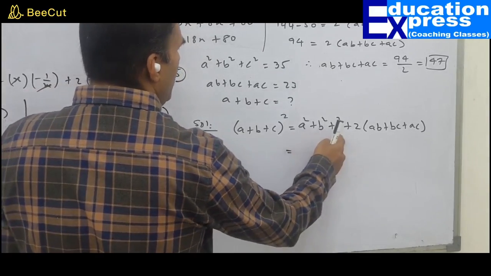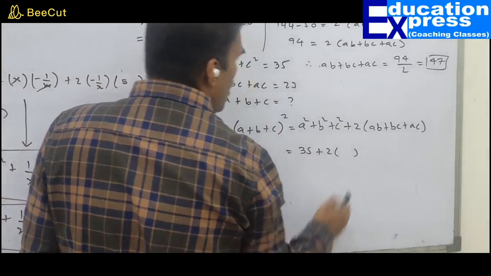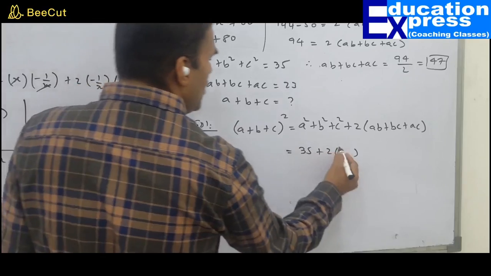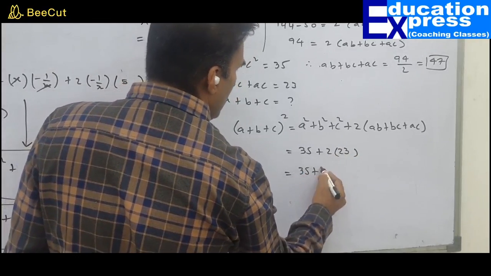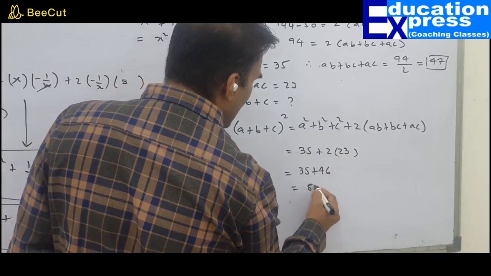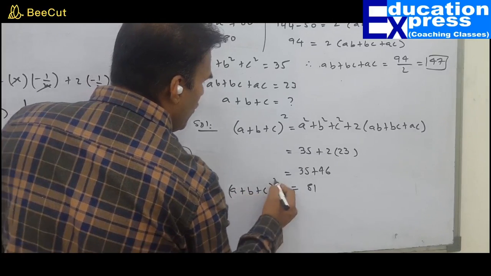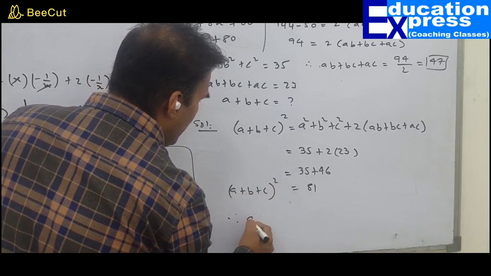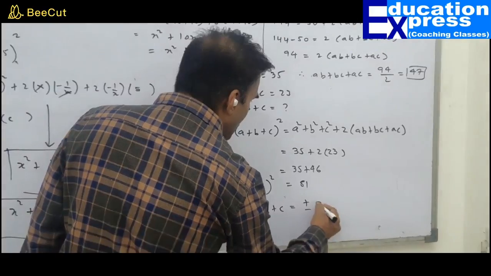A square plus b square plus c square is given to us as 35, plus 2. What is the value of ab, bc, ac? 23. 35 plus 46, that is 81. Since a plus b plus c, the whole square is 81, therefore a plus b plus c equals plus or minus 9.